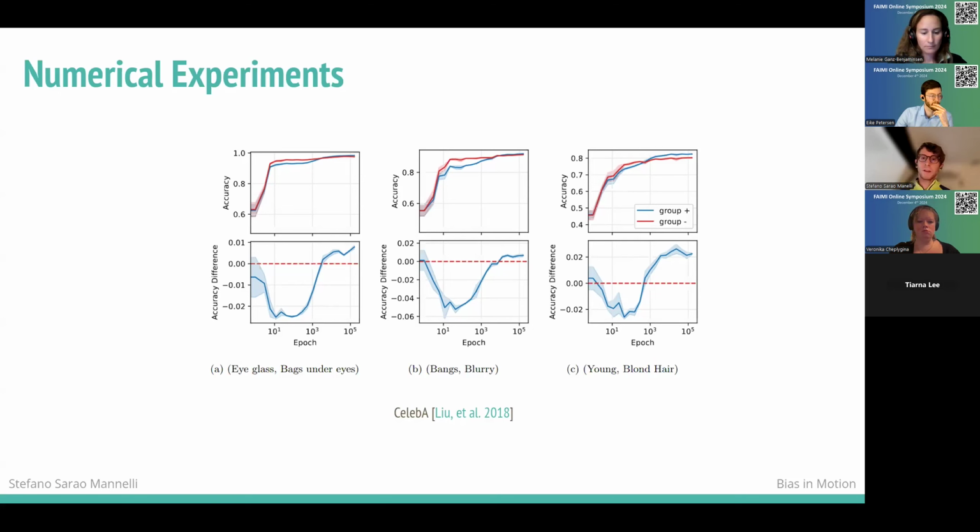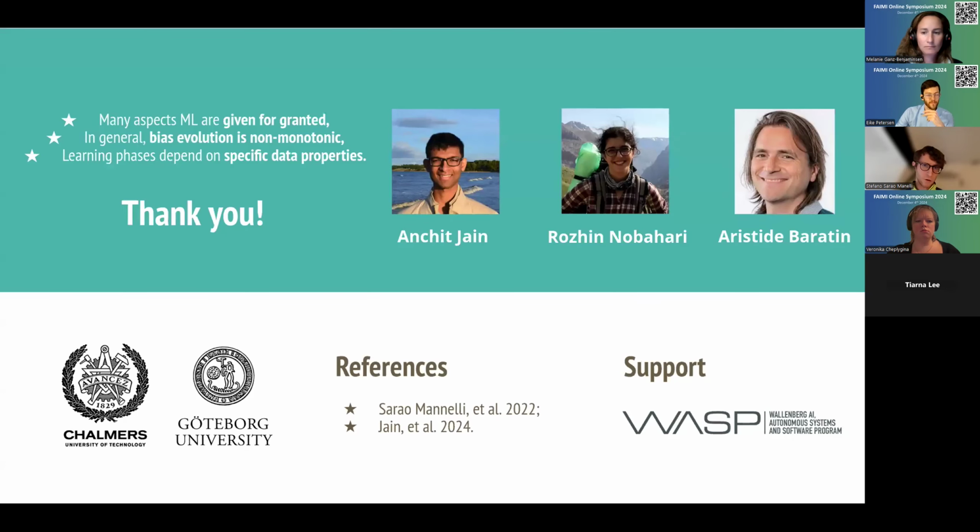You can see that even in these cases, we can have a bias crossing situation. I'm not saying that this always happens, but in general, we should question some of the assumptions that we make when we design mitigation strategies, because in some cases, they may not be true. And so now I can conclude my presentation.